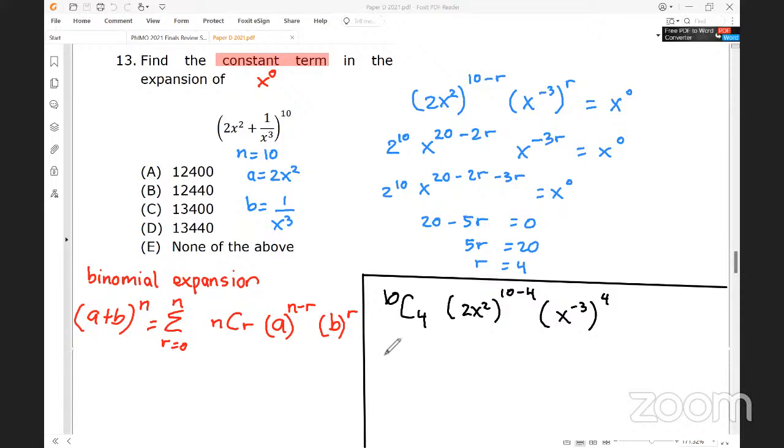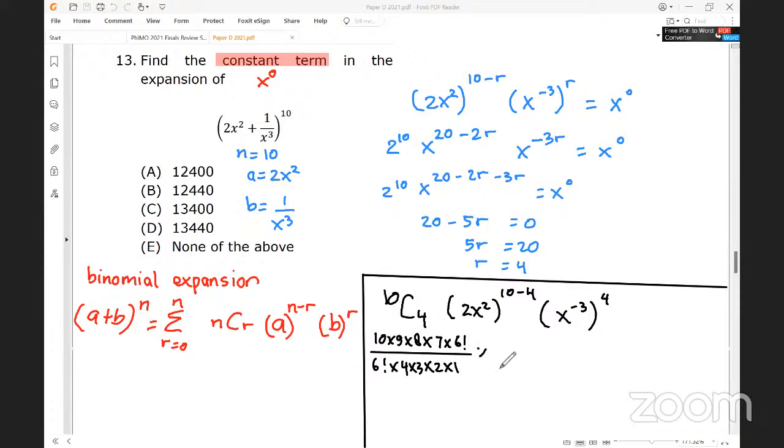Okay, in here 10C4, 10 times 9 times 8 times 7 times 6 factorial over 6 factorial times 4, 3, 2, 1.